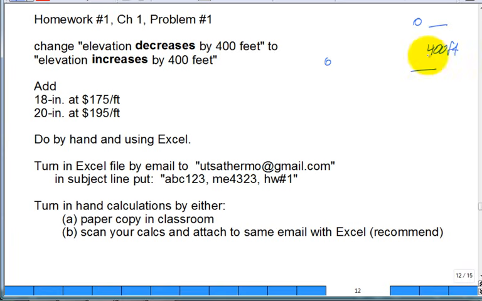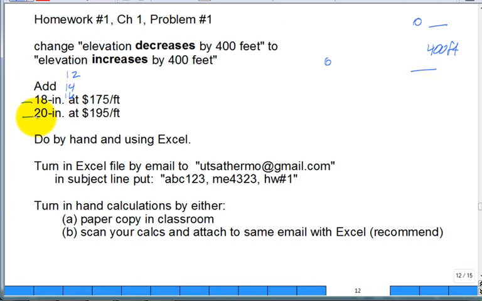Also, they said, check it out for 10-inch, 12-inch, 16-inch, 14-inch pipe. Add these two, 18-inch and 20-inch. And the initial cost to put that pipe in the ground is $175 a foot for the 18, and 20 inches is $195 per foot. That's the initial cost to put it in the ground.